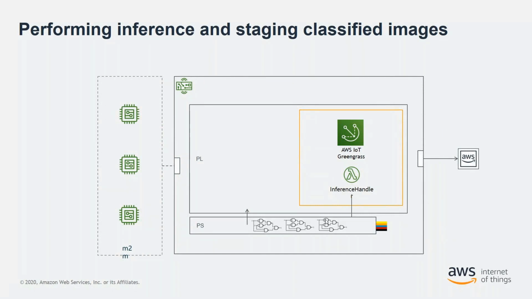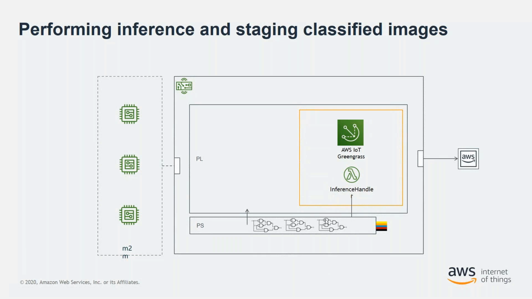So once we've transferred that model from the cloud down to the edge, let's talk about how that actually starts getting invoked down at the edge. Now, when we're using AWS IoT Greengrass, we'll be using a Lambda function to facilitate that invocation. In this particular case, it's going to invoke an SDK that's on the local machine, and by invoking the model from the local machine, what it's going to do is actually talk through some shared memory in order to talk to those logic gates down at the bottom.